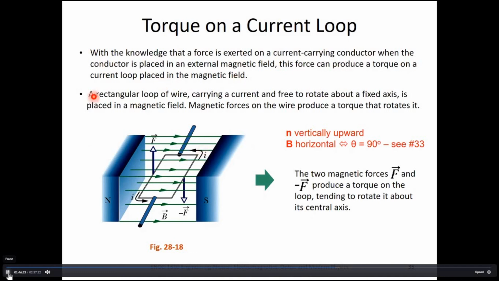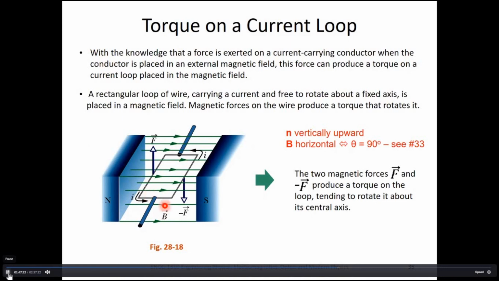For example, if we have a rectangular loop of wire, something like this, carrying current, free to rotate about a fixed axis, it rotates this way. So probably you want to ask why the current can rotate in this way. Did we connect it to the battery in the middle, or is that a superconductivity? No, that's not really it. Actually, it is easy.